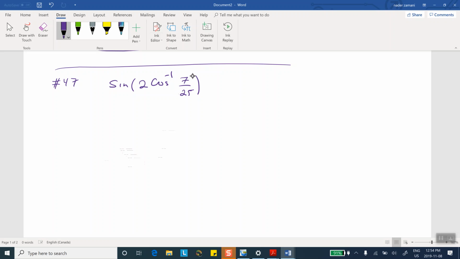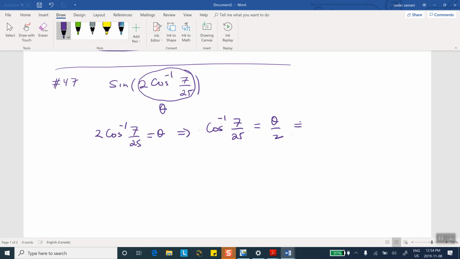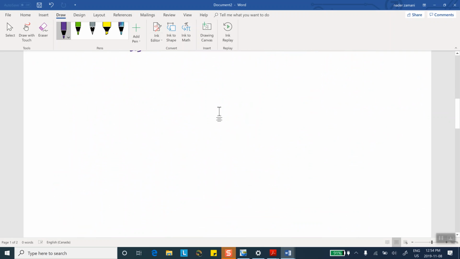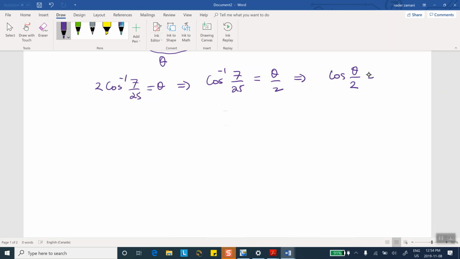So the approach is the same. Let me call this thing theta. We have 2 cos inverse of 7 over 25 equal to theta, which means cosine inverse of 7 over 25 equal to theta over 2, which means that cosine of theta over 2 is equal to 7 over 25.